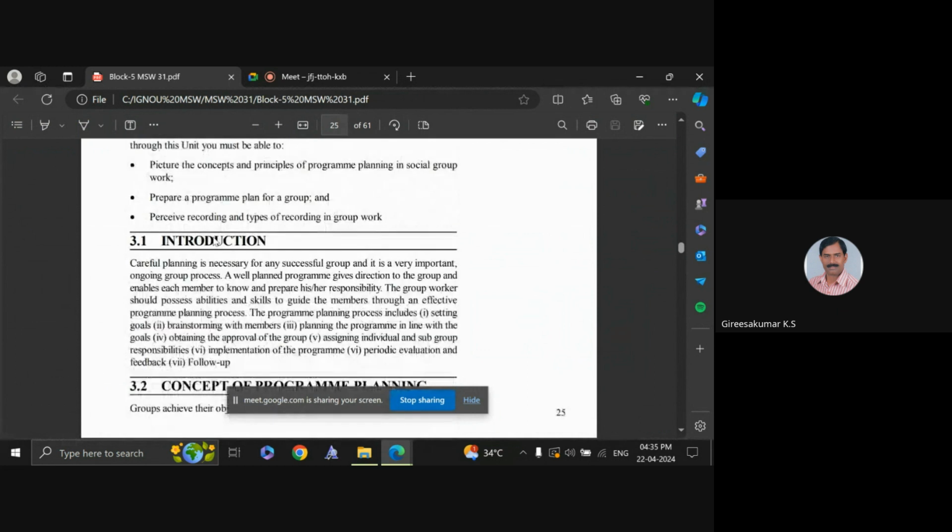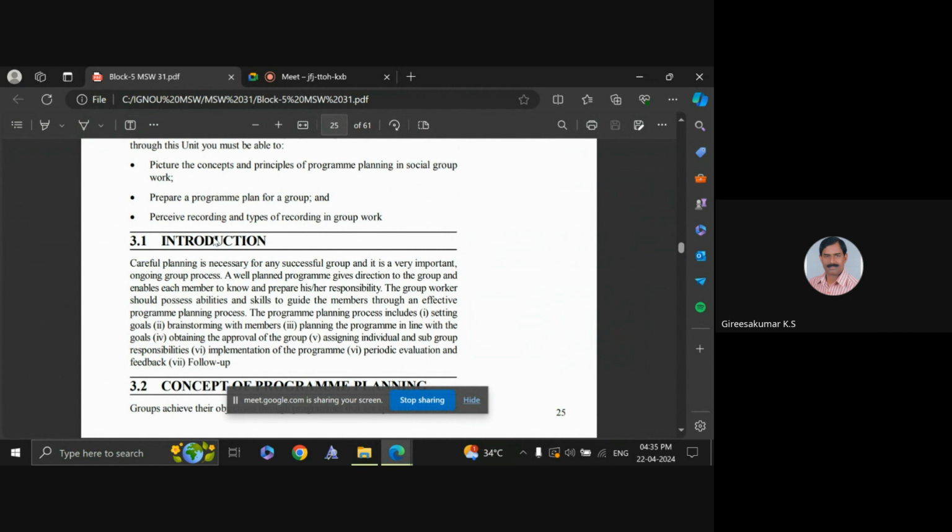So, planning is necessary for each and every problem solving. Without planning, we can't move. As human beings, without planning, nobody can.